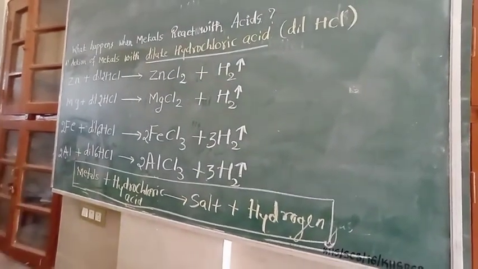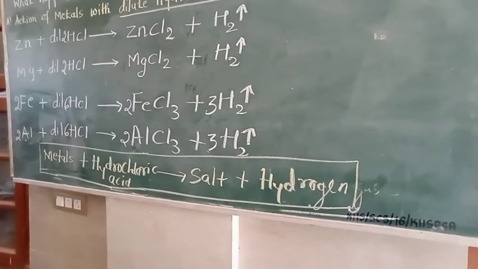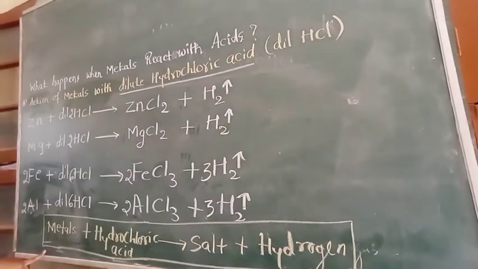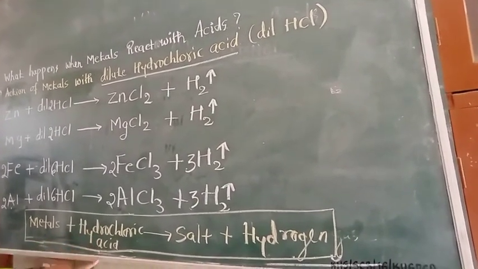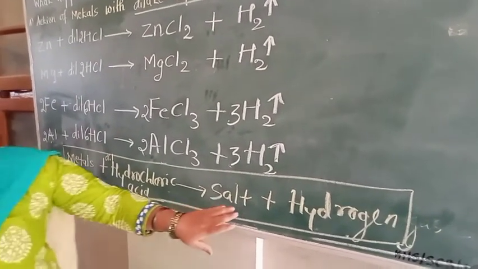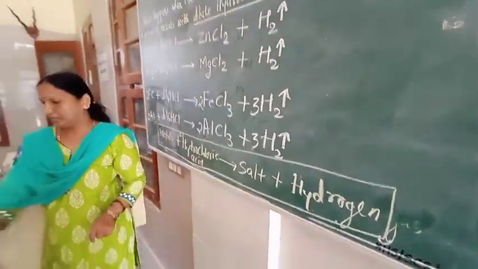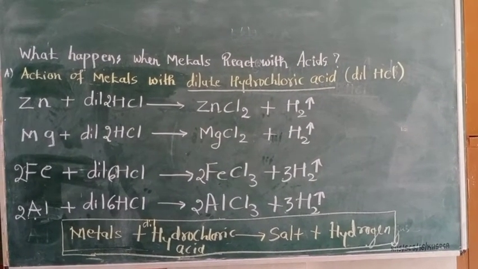So it is helpful in writing the reactivity series, which metals are very reactive and which metals are less reactive. So the final is metals plus dilute hydrochloric acid gives rise to salt and hydrogen. Okay. Please students, write these reactions in your notebook.